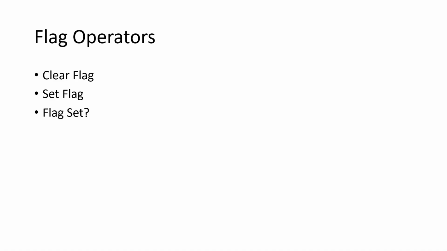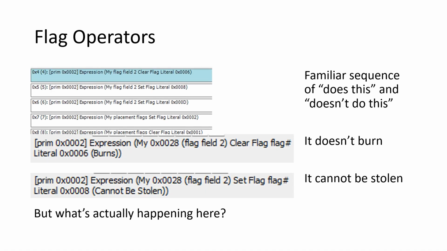But flags are a bit of an abstract concept. Where do we come across flag operators? Most people are familiar with them in the init behaves, where you're doing things like clearing the flag here, which says clear flag, does it number literal 6, does it burn? So it doesn't. So clearing it doesn't burn.